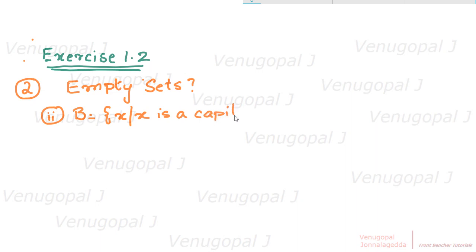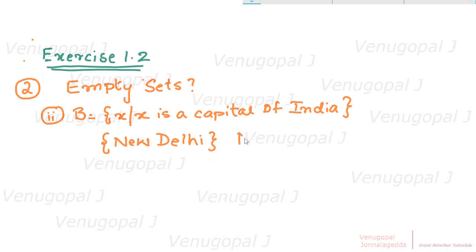The capital of India is New Delhi. There is no other capital other than New Delhi for India, so it returns a singleton set. This question is not an empty set; we have only a singleton set, which is New Delhi.